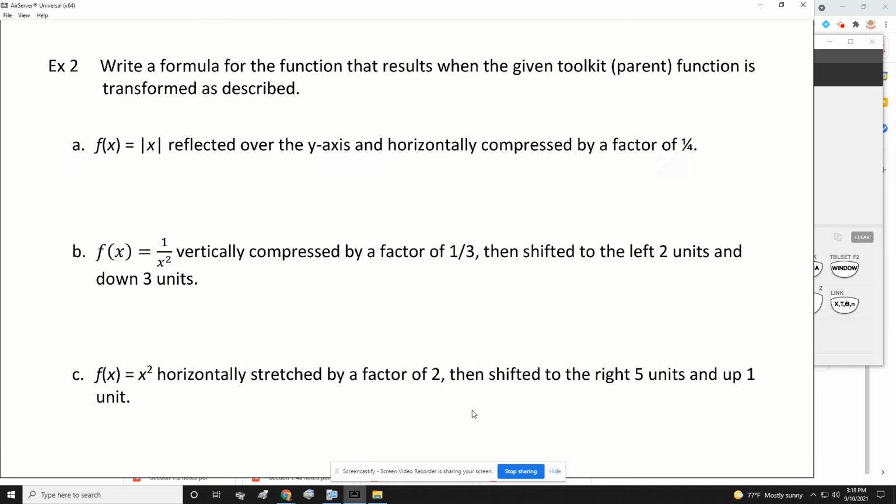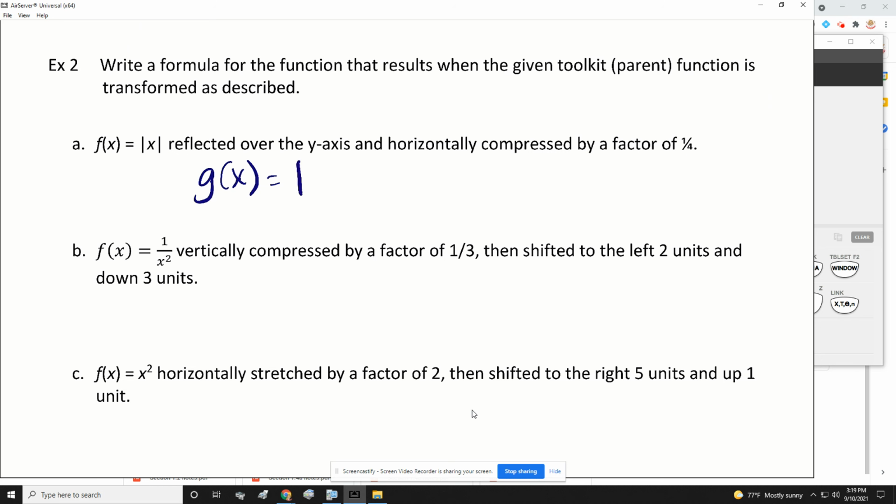All right. In the last examples, we are writing the function that has these transformations. So we're going to take the parent function that is the absolute value, and we're going to reflect it over the y-axis and horizontally compress by a factor of 1/4. So you have to call it something. We can call it y. I'm going to call it g of x.